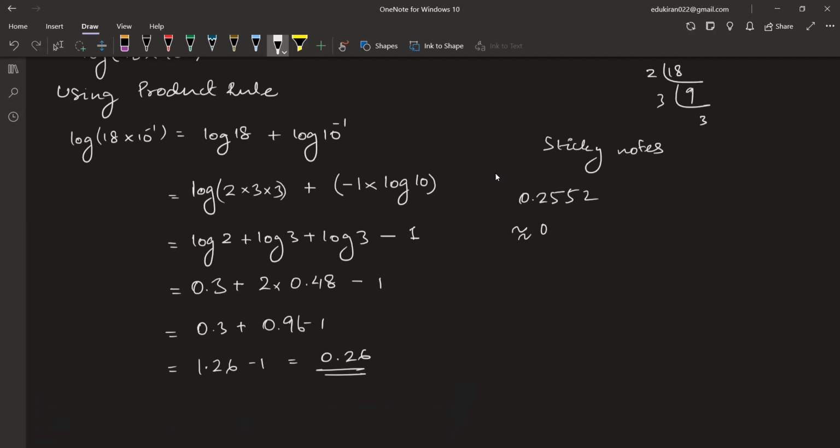So you can approximate this to 0.26, right? Correct.